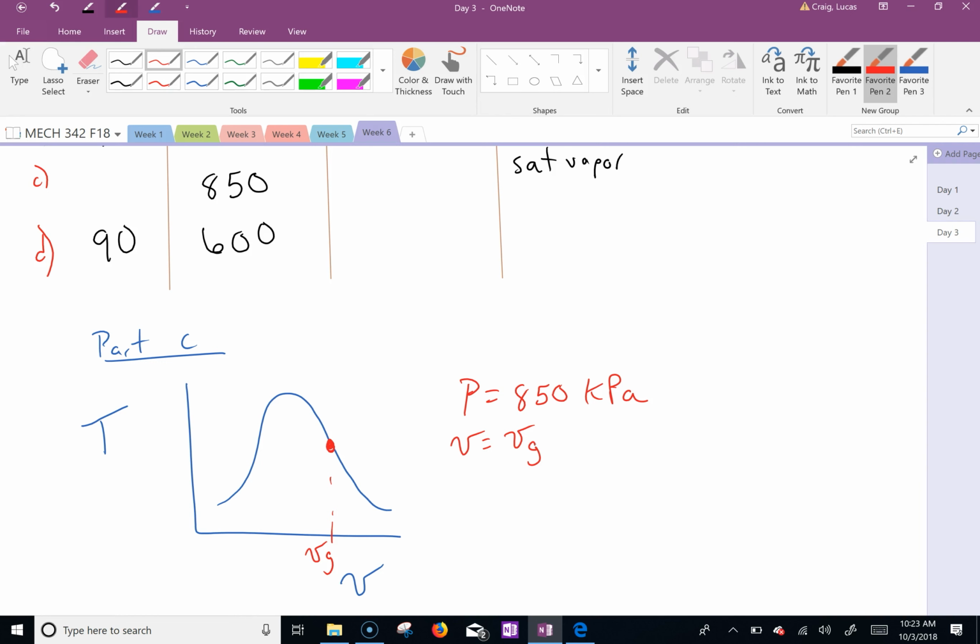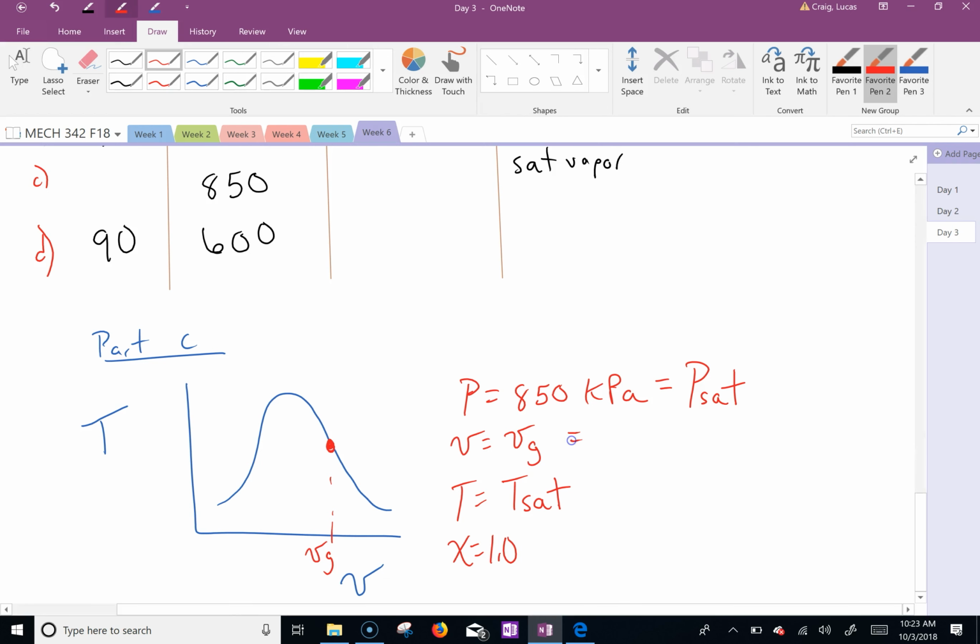And what else do we know? Yes, temperature is Tsat. The pressure is also PSAT. Because we're on the line, in the middle, that's during a phase change. And yes, the quality is 1.